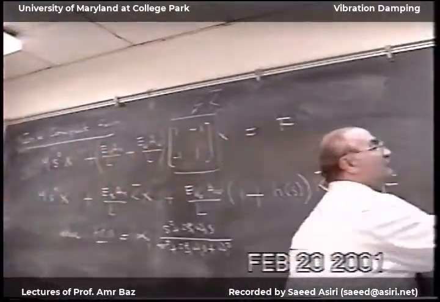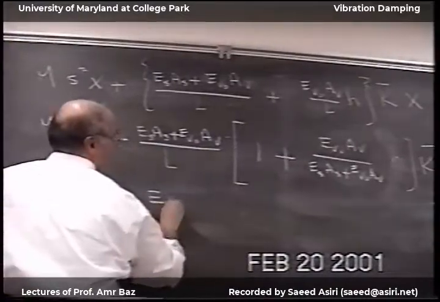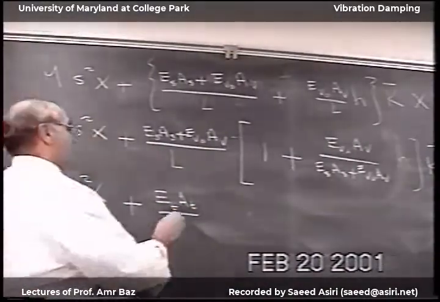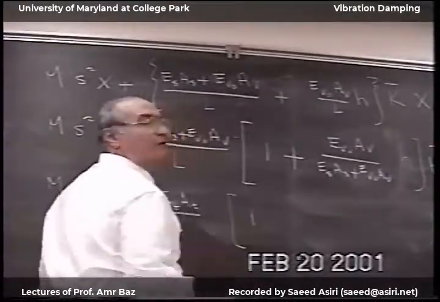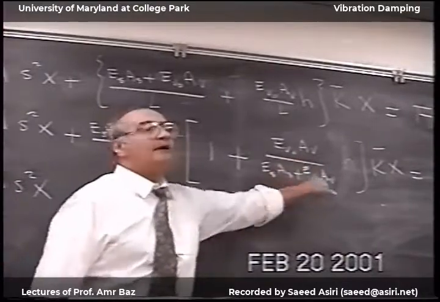Okay, so now I'm going to call this E total over L. And then we have here 1, and then this EA divided by the summation of EA.